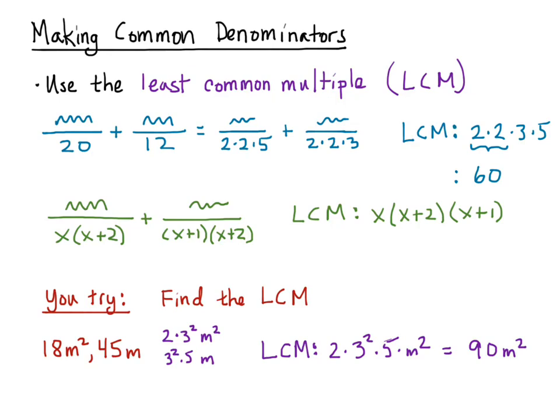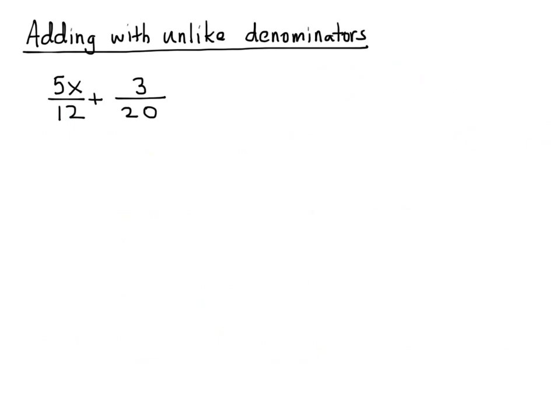Now, I think back in chapter 1 somewhere they talk about least common multiples. If you need a little bit more practice in finding least common multiples like this, I suggest you go back to review that. We're going to be finding least common multiples of polynomials that are factored. So the principle is the same, but it just looks a little different.